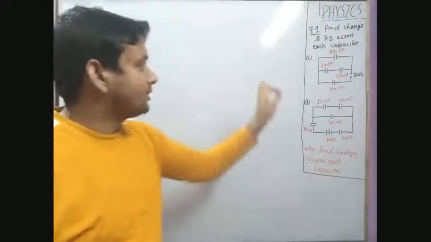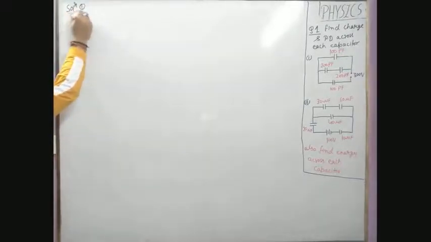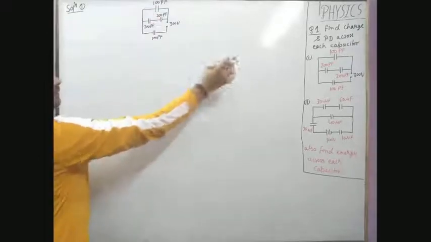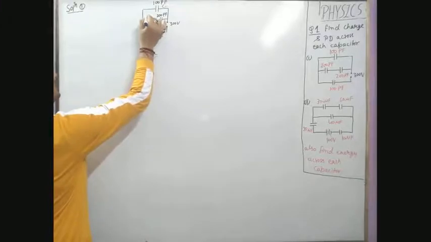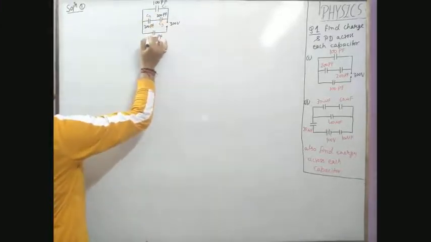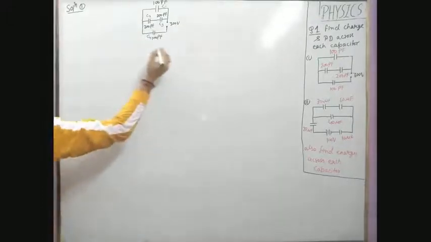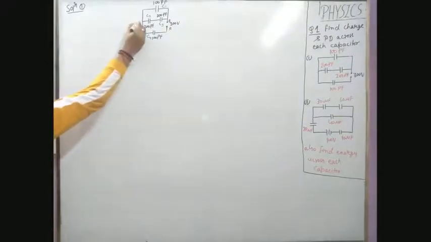Okay, so first we will start with solution number 1. Now students, we have the circuit in question number 1, in which this is capacitor C1, this is C2, this is C3 and this is C4. If these are the points A and B, we can resolve the circuit like that.